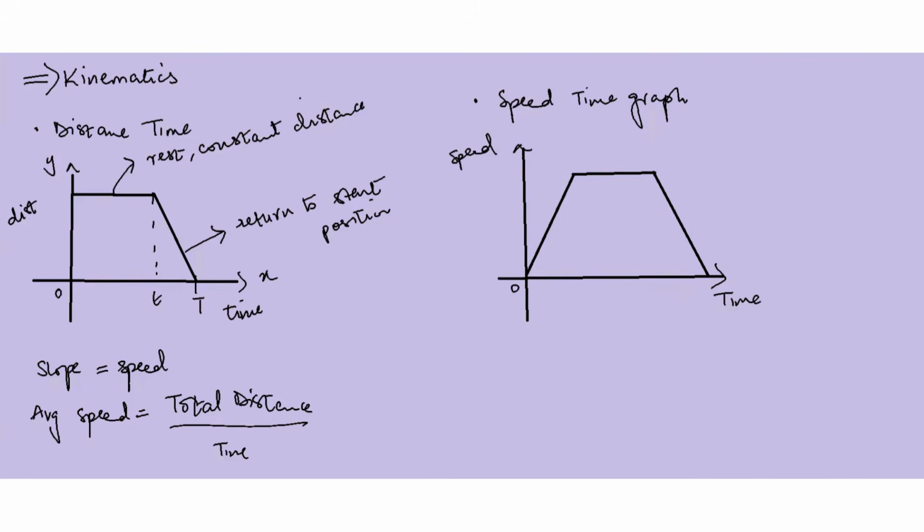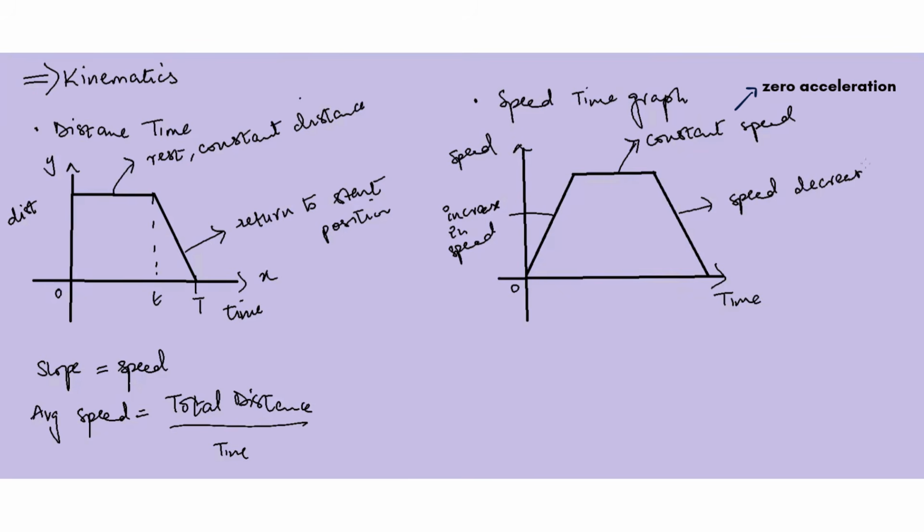Over here, your speed is increasing steadily, which shows an increase in speed. Over here, there's a horizontal straight line, which means the speed is constant. And over here, it's showing a decrease in slope, which means speed is decreasing.